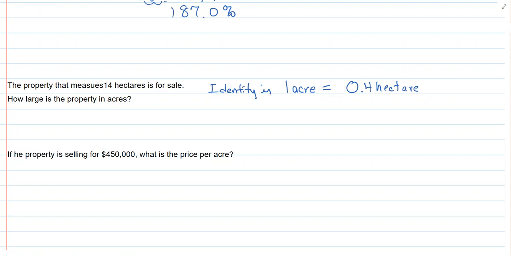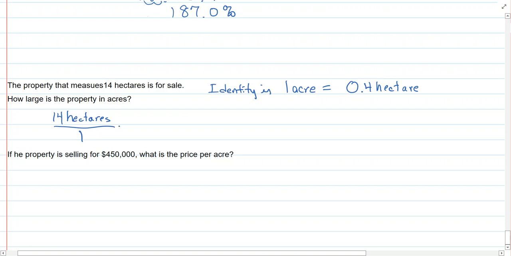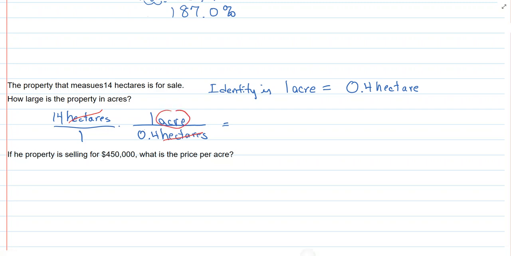So here I go. I'm going to write 14 hectares metric, and we're multiplying by 1 acre over 0.4 hectares. All right. So I'm going to do my cancellation of hectares. I end up with acres, which is exactly what I wanted.